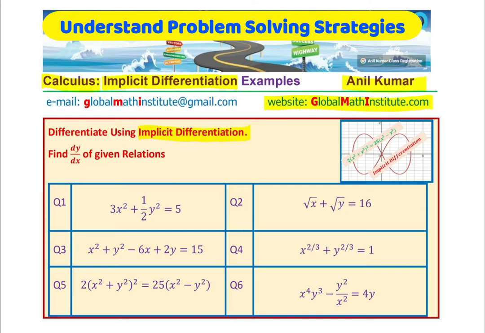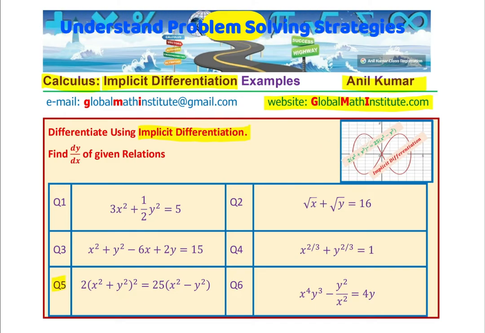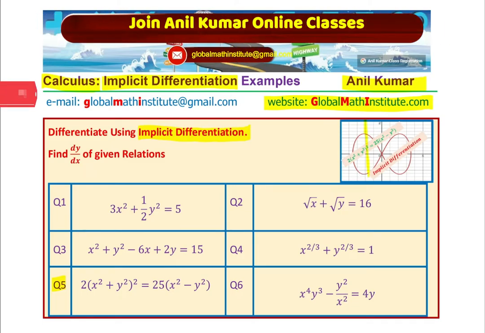Now, one thing very important to understand is that most of these equations do not represent functions, but they represent relations. I've given you a graph of one of these, which is actually question number 5. So you see, if you draw a vertical line, it will fail the vertical line test and it is not a function.